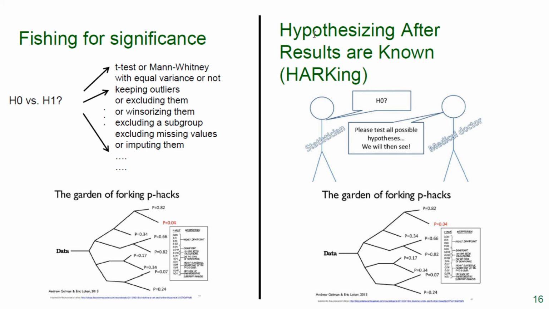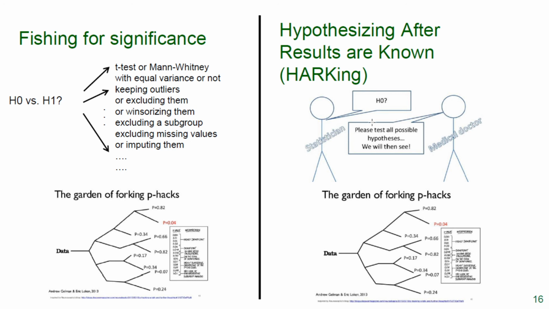HARKing stands for hypothesizing after results are known. So in HARKing, there is no a priori null hypothesis that is considered. If the statistician asked the medical doctor, what is the null hypothesis, he would basically say, well, I don't know, please test all possible hypotheses. We will then see what happens, and we will then see what we publish. We will publish the most significant ones.